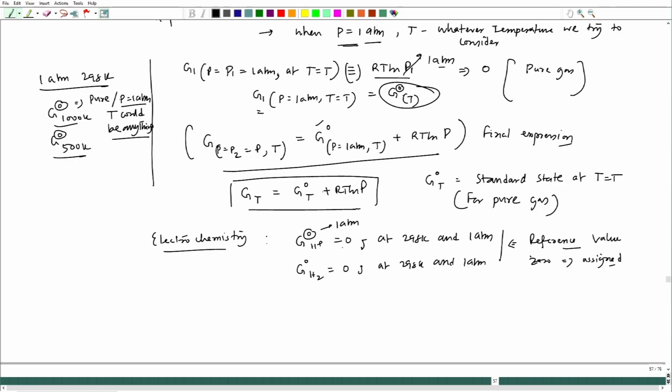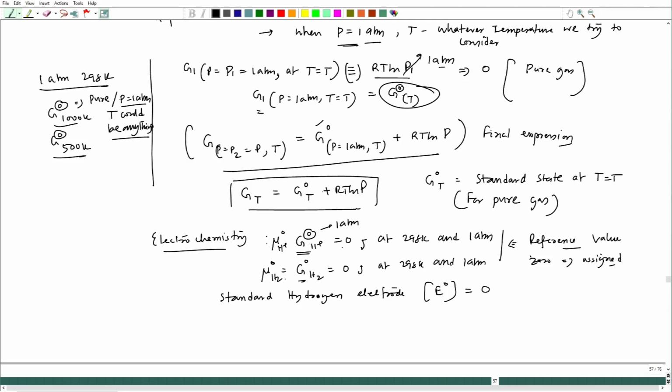And why do we assign 0? Because when we talk about the standard hydrogen electrode, that potential E naught is nothing but 0, and how does it come? They make use of these two values, and it can be termed as the chemical potential of hydrogen naught or the chemical potential of hydrogen gas naught.